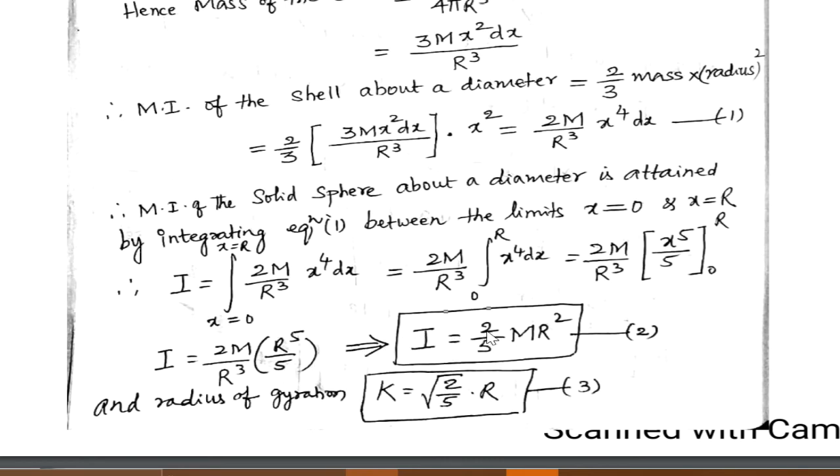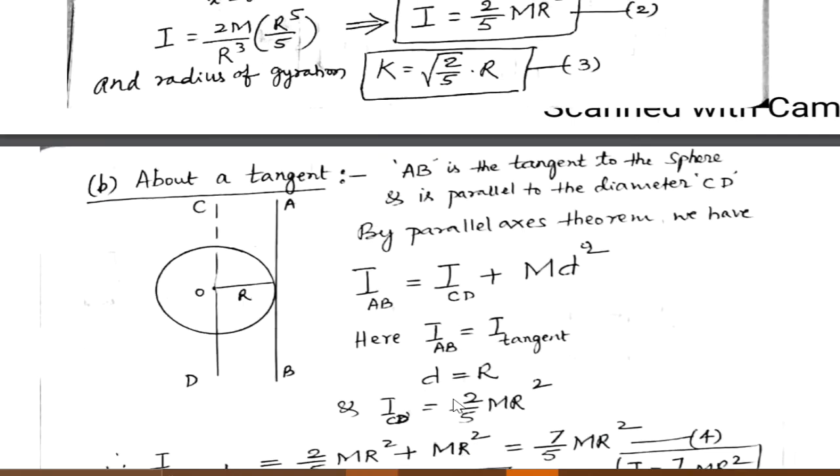Therefore I is equal to 2 by 5 mr square. This is the moment of inertia expression for a solid sphere about an axis passing along any diameter, and the radius of gyration is given by k is equal to square root of 2 by 5 into r.